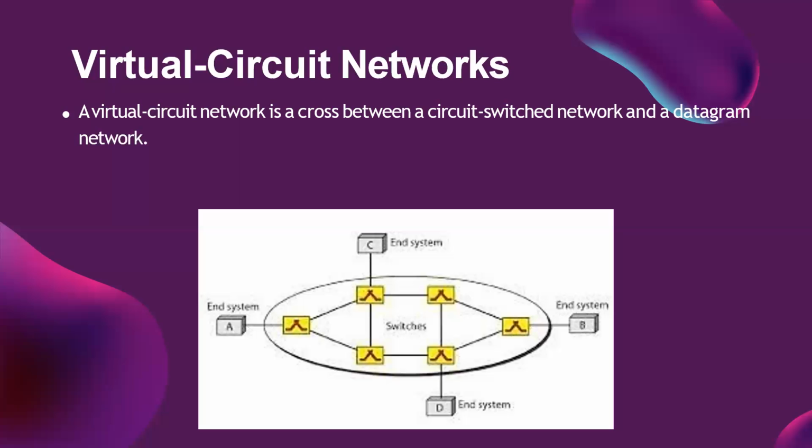Before sending the message, a route is designed using a virtual circuit identifier, and the route is designed based on availability. In this approach, the path is fixed for the duration of a logical connection.